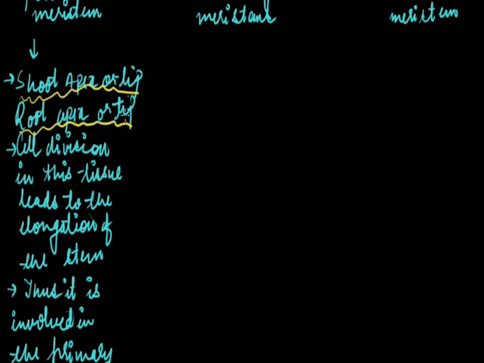Now moving on to the intercalary meristem. Intercalary meristem are the part of apical meristem which is left behind during growth period. Intercalary meristem are present at the base of leaf and internode region, or we can say it is present at the node and internode of the plant.